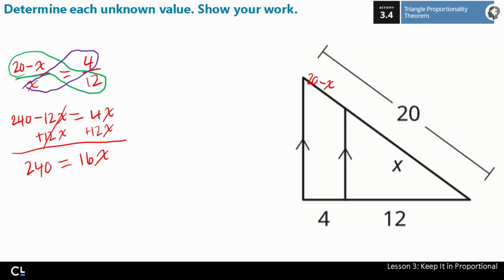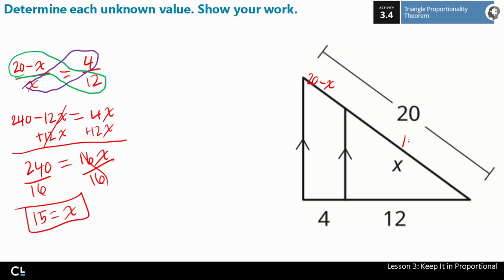Since it's a number next to a variable, we divide by that number to get rid of it, and we do that on both sides. So 240 divided by 16 is going to give me 15. And over here, we're left with x. So we now know that x equals 15.